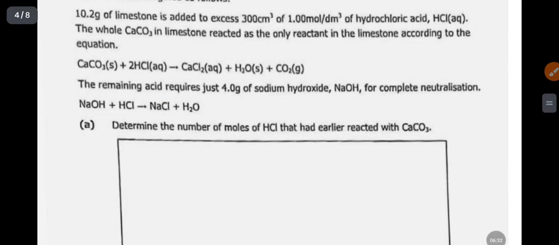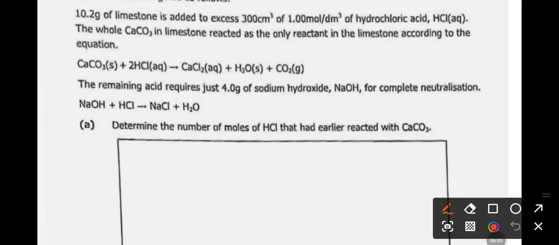To do this, number one, we should have the total number of moles of hydrochloric acid. From this information here, we can calculate the total number of moles of hydrochloric acid. Then we will subtract from this number of moles here.